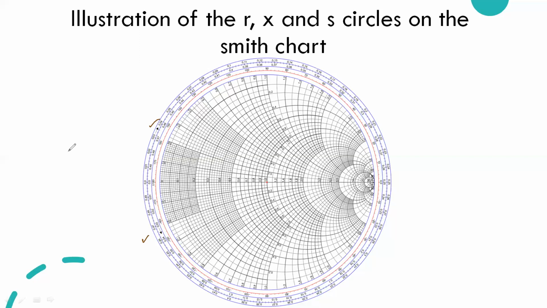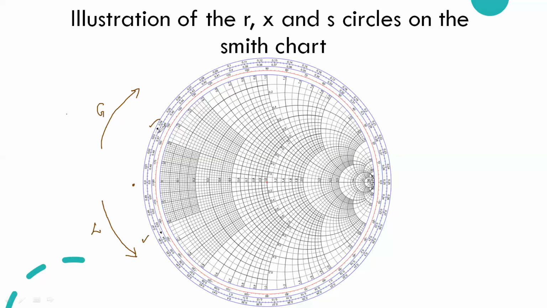If it is in the clockwise direction, from this point, it means the wave is traveling towards the generator. This is the opposite direction. If the wave is propagating in this direction, it shows the wave is propagating towards the load.